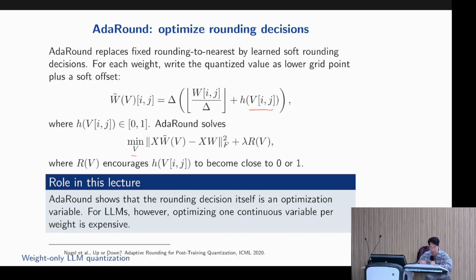They want to learn this V, where if you dequantize using V, it directly minimizes our original objective. And this regularizer encourages this number to be close to 0 or 1. So we have a regularizer that squashes the inputs to either 0 or 1.